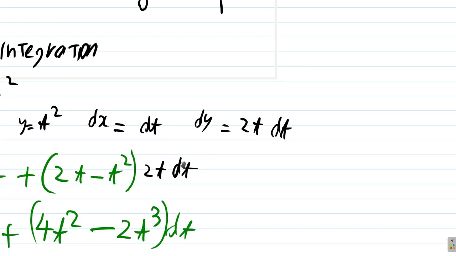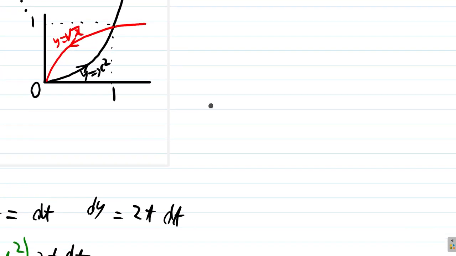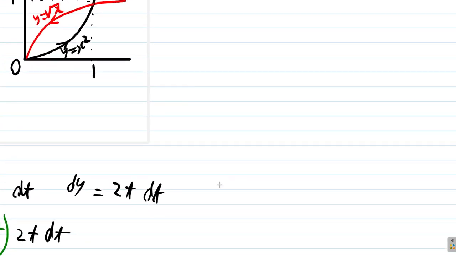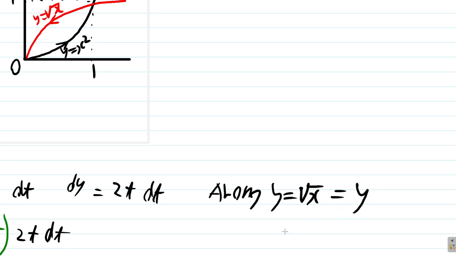Nice. Now let's go along y equals square root of x. Since we're going to do some differentiation, let's write it as y equal x to the half.